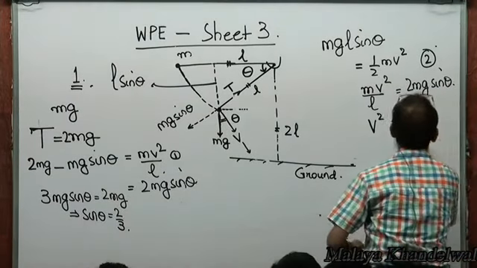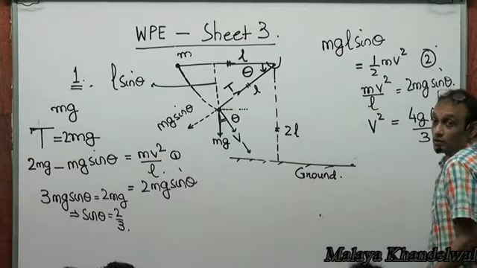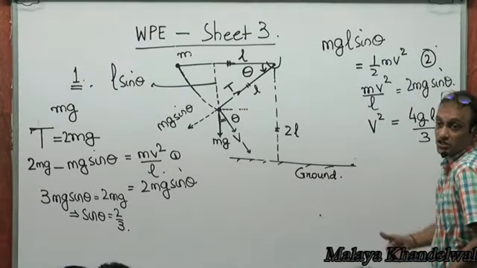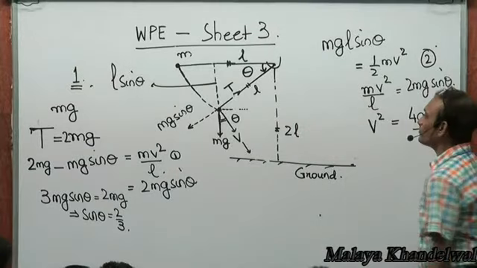I'm so sorry, it is not 4g by L. 4g into L by 3, sine theta is 2 by 3. 4g into L by 3, that's v squared for the particle at the instant it detaches itself from the string, right?